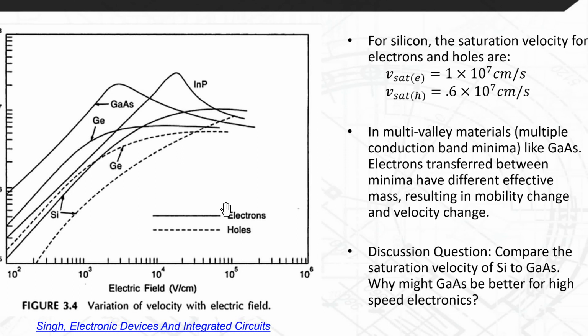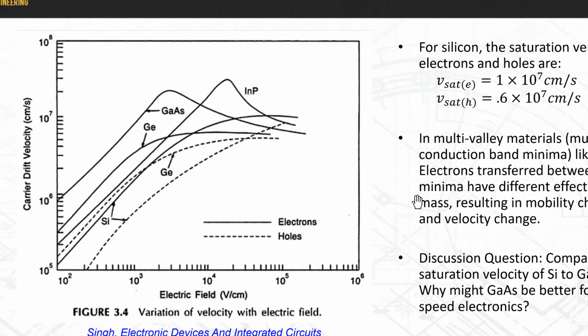As a result of that, when electrons transfer between the different band minima, they have different effective mass, and that results in different mobilities. The net result is you get some really weird things that look like this. If you look at gallium arsenide here, the carrier drift velocity increases, and instead of tailing off, it peaks, and then it actually decreases.